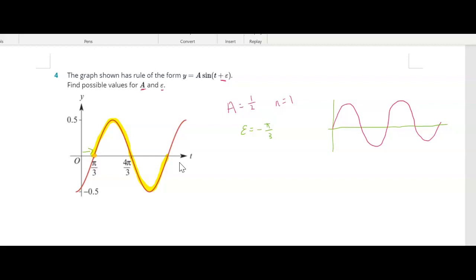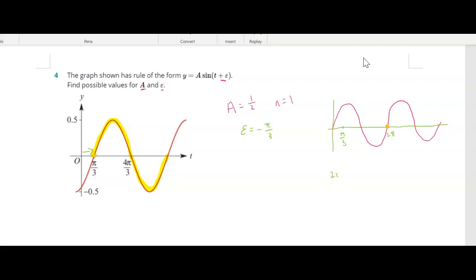Or we could say this point here, okay, which is 2 pi, has gone to now pi on 3. All right, so the start of your graph was at 2 pi and now it's gone to pi on 3.